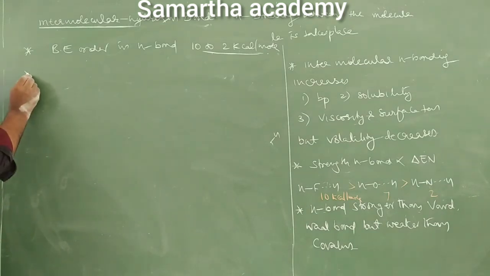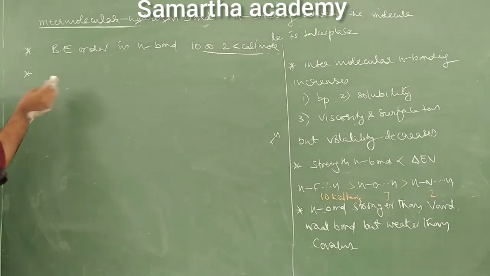Next, the bond strength of hydrogen bond is approximately 1/10 of covalent bond. If you compare bond strength, hydrogen bond and covalent bond, so hydrogen bond strength is, of course, a weaker bond, but how many times? 10 times weaker. It means 1/10 of covalent bond.